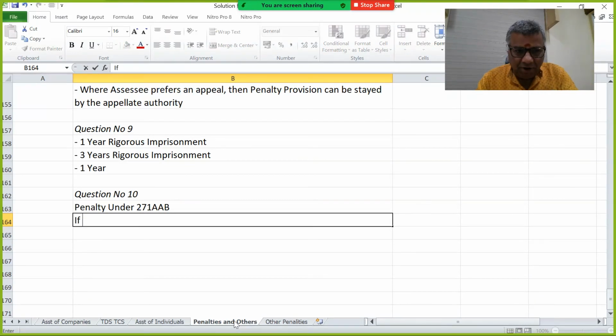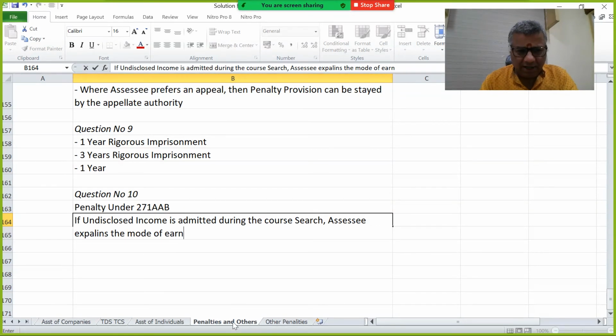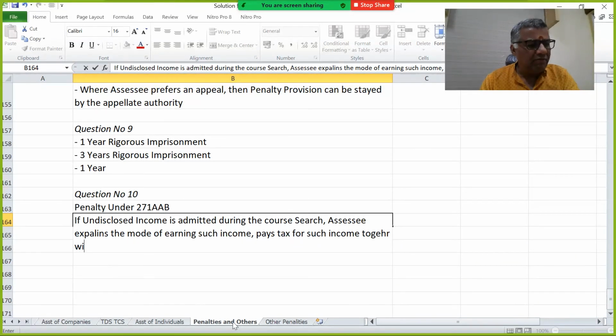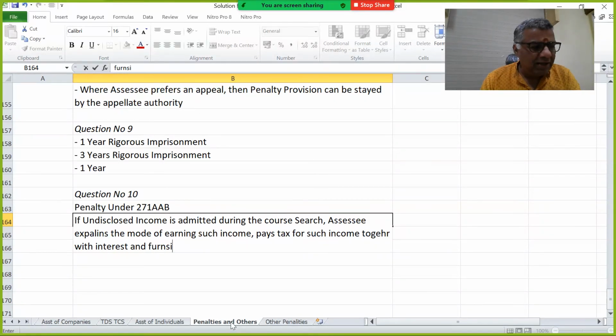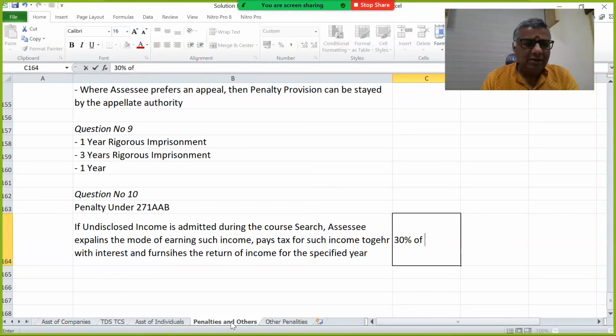Remember, if undisclosed income is admitted during the course of search, and the assessee explains the mode of earning such income, pays tax for such income together with interest, and furnishes the return of income for the specified year, the penalty will be 30% of the undisclosed income.